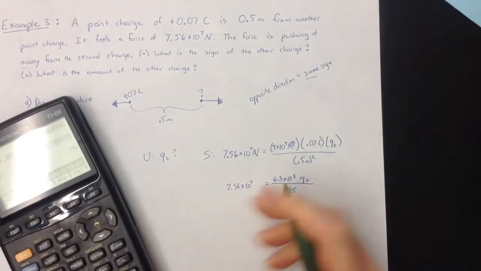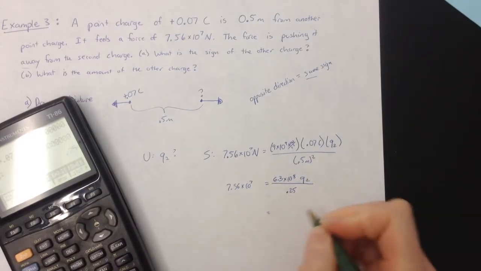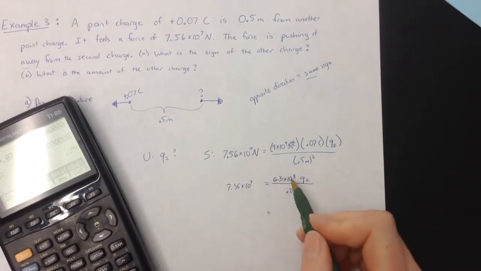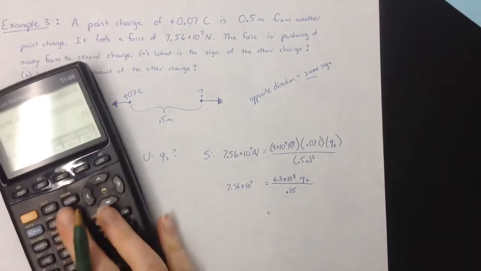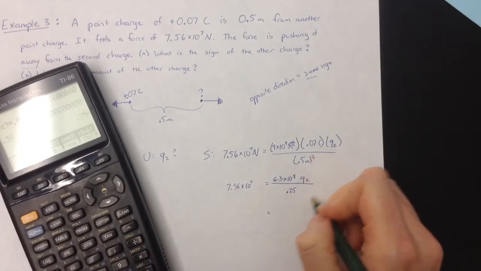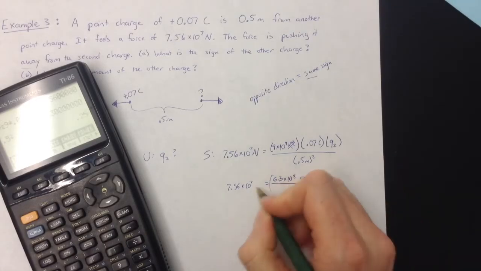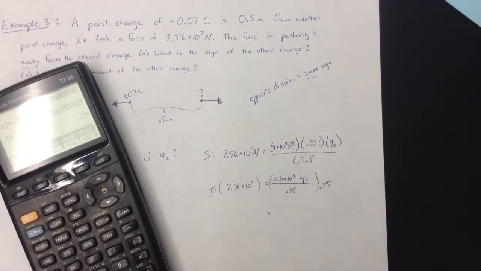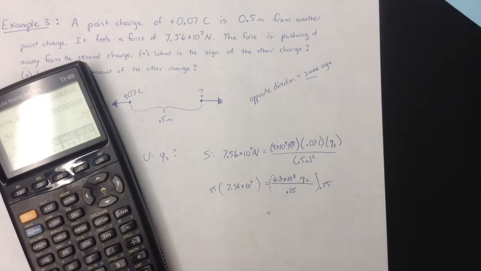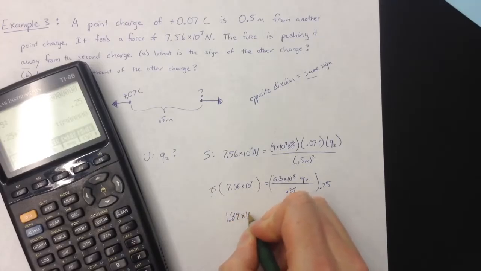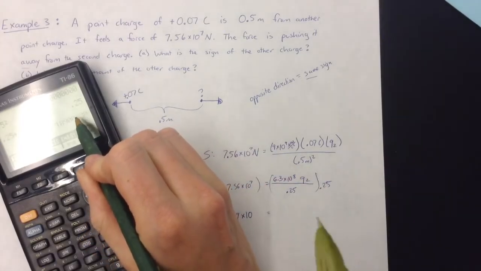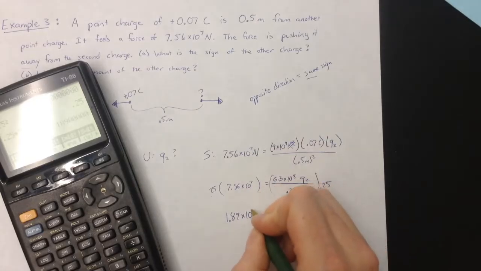Now, working with exponents is always fun. You can do this a variety of different ways. You could cancel out some of those because they're both on the same side, or you could just leave them there and do all the calculations. So I've got to multiply both sides by 0.25 to get that away. So 0.25 times 7.56 times 10 to the 7th, and I get 1.89 times 10 to the 7th.